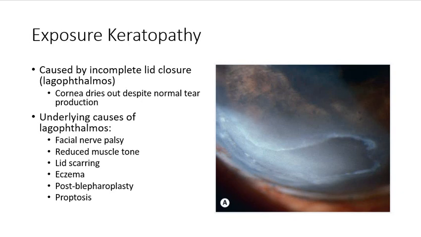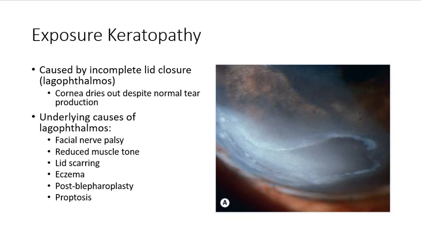Exposure keratopathy can also be caused by proptosis, where the eyelids are elevated, not closing properly, and the eyeball is protruding outwards. Now, what happens is prolonged exposure to the air without regular or sufficient lubrication causes the corneal epithelium to break down.